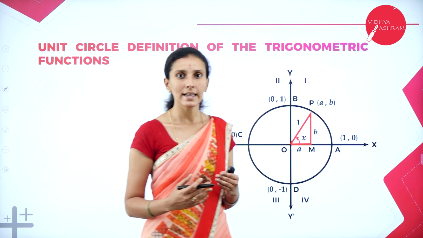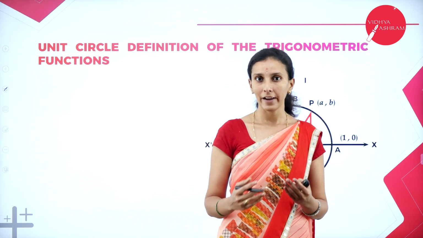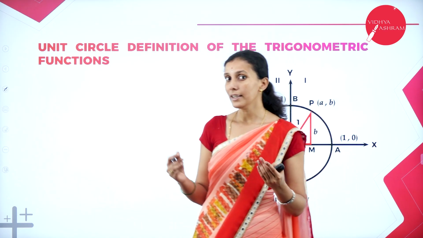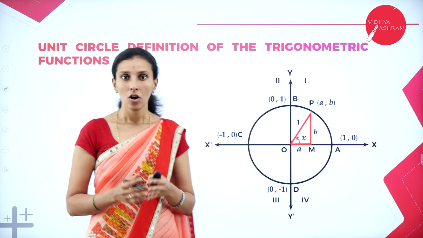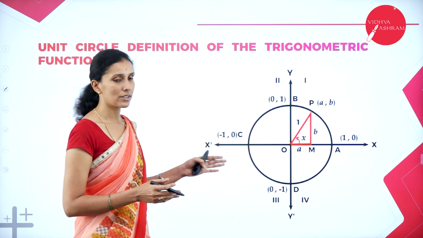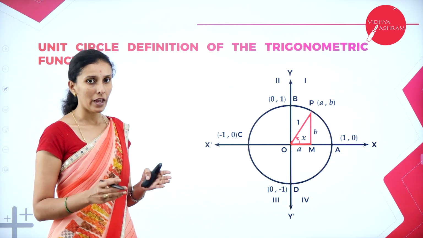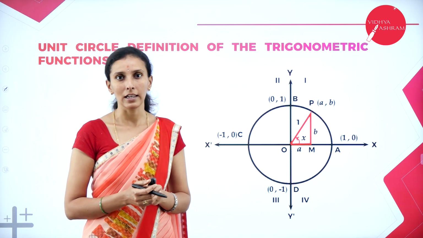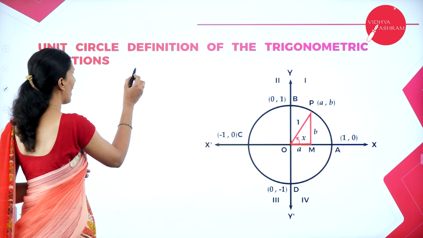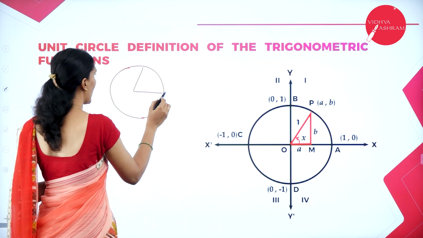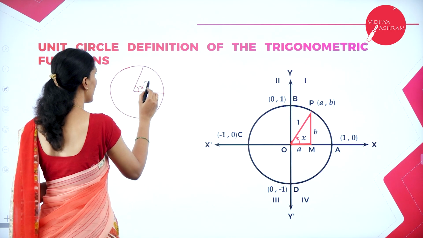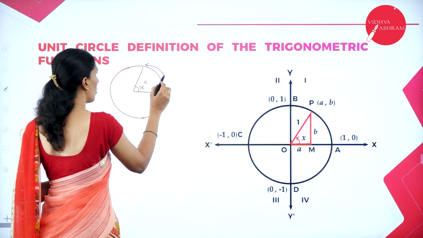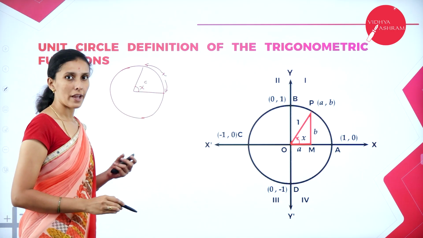Now, as I said, what do you mean by radian? Radian is an angle inside the sector of a circle where the arc length is equal to the given angle. Suppose you have a sector whose angle is x radian, then the arc length of this sector is also x.